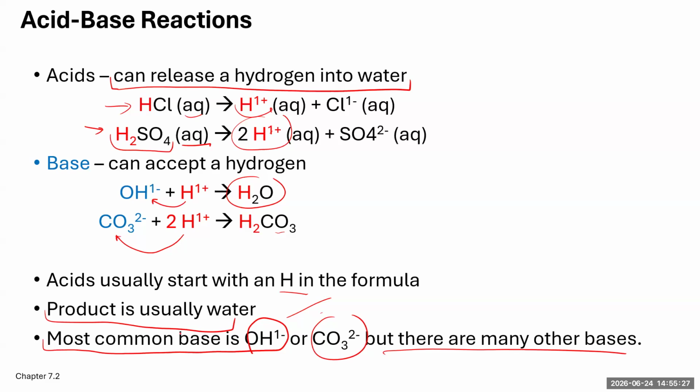All right. Acid-base reactions. Let's do the same thing we just did. Write the net ionic equation representing the neutralization of any strong acid with an ionic hydroxide. So these are all ionic hydroxides. Those are bases. So let's take a look.